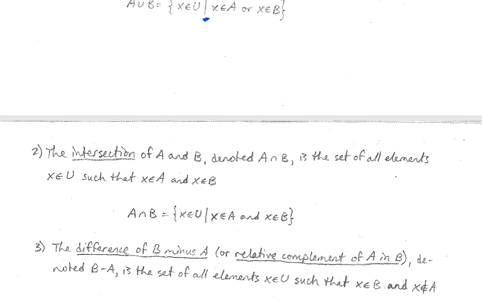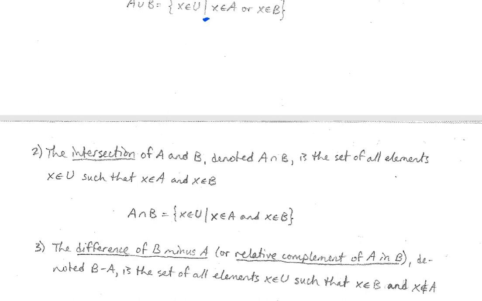Similar to the conjunction of two statements P and Q, the intersection of A and B is denoted by A, and then an upside down small size capital U, like a cup almost. It's cupped down.